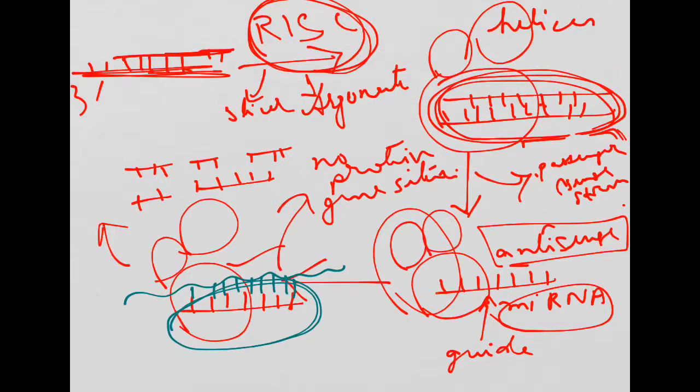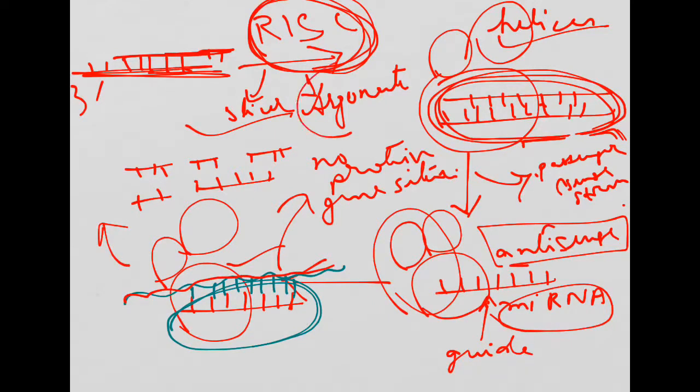Then this will interact with the RISC protein, which is a multi-protein complex, and it has various activities, like helicase activity, and it has a slicer with RNase activity to cleave the target mRNA molecule.